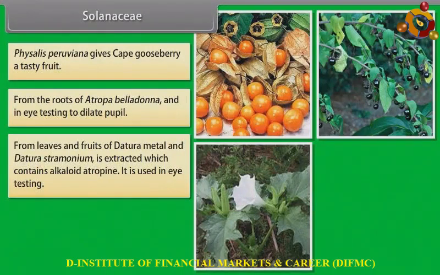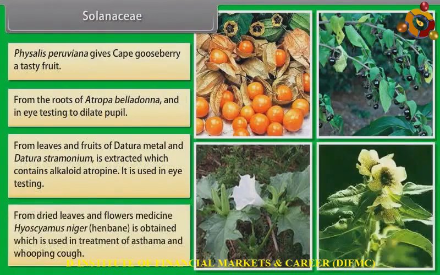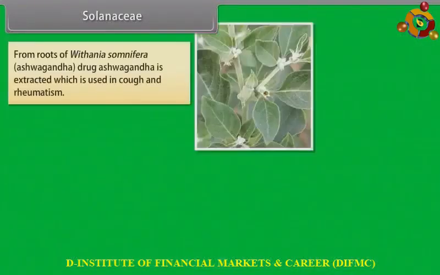It is used in eye testing. From dried leaves and flowers, medicine Hyoscyamus niger, henbane, is obtained, which is used in treatment of asthma and whooping cough. From roots of Withania somnifera, ashwagandha, the drug ashwagandha is extracted, which is used in cough and rheumatism.